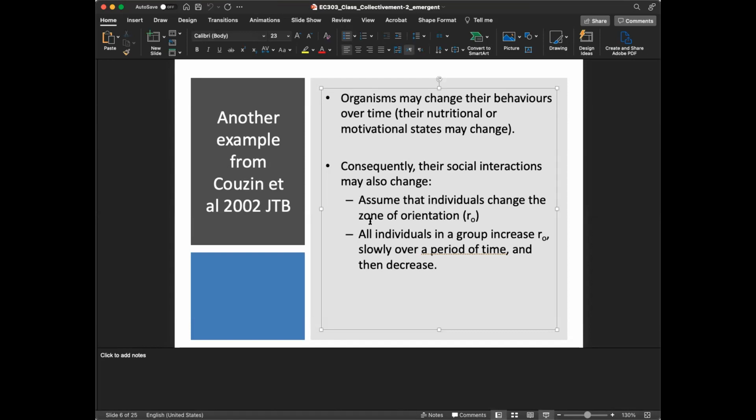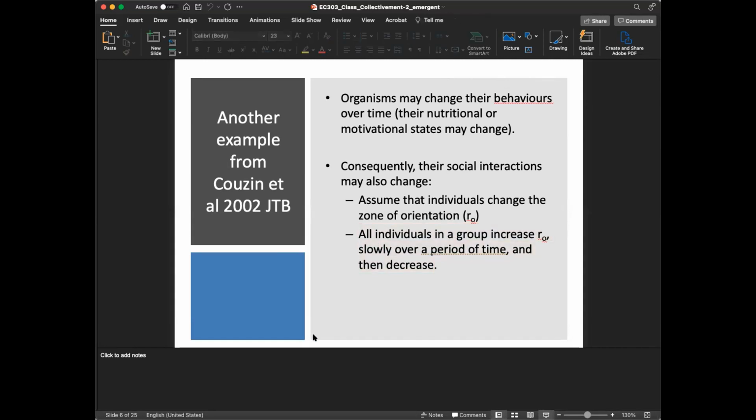Okay, so let's make a toy example. Let's assume that the individuals change the zone of orientation as a function of time. Let's assume a very specific thing, which is that all individuals in the group increase R0, which is the zone of orientation, slowly over a period of time, and then they decrease. Something like this is possible. Imagine a group of fish.